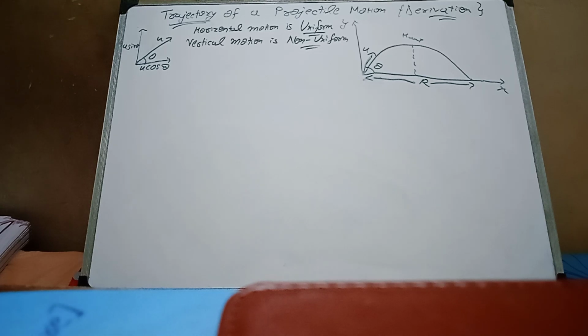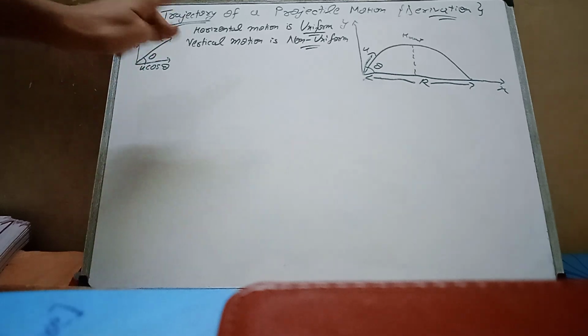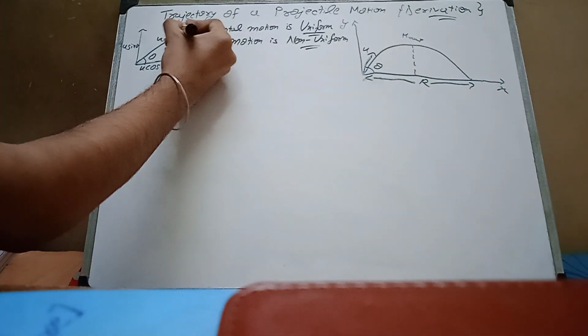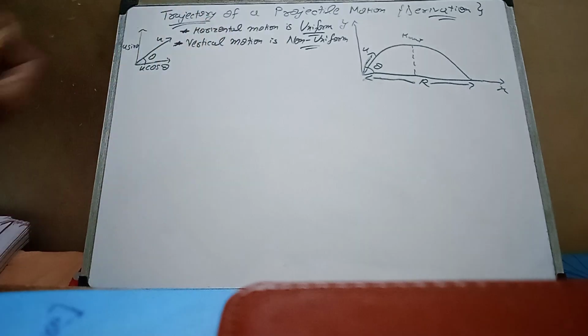So let's start the derivation of the trajectory of a projectile motion. First of all, you have to note these two down. These are very important notes, that horizontal motion is uniform. Uniform means velocity does not change over time.